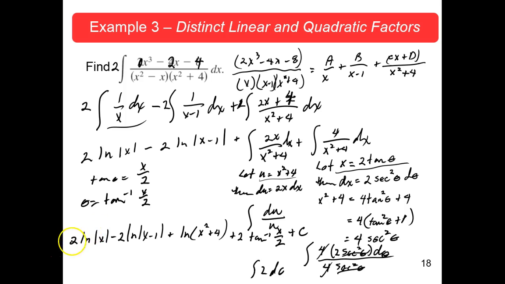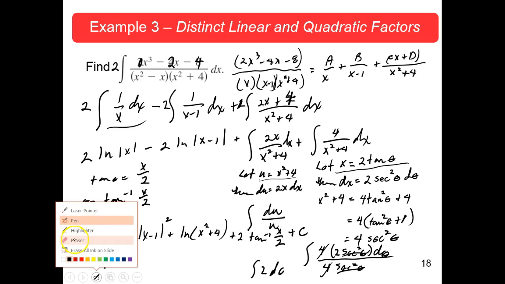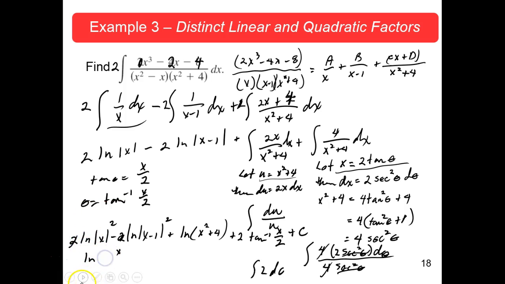Or we could have done this. We could have brought our 2 here and made it an exponent, brought this 2 and made it an exponent, and then we would have added our things together, and that would be the log of, I'm going to put it all under an absolute value sign. Well, x squared can't be negative. None of those can be negative, so we don't need absolute value signs, do we? Because the squaring will wipe out the need for absolute value bars, right?